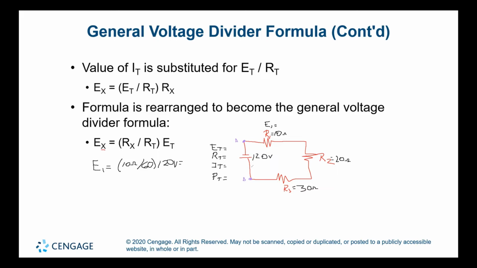So if you do me a favor, please, can you perform this operation? 20. So, perfect. So E1 is going to be equal to 20 volts. And simply enough, that's just how you use the voltage divider formula.